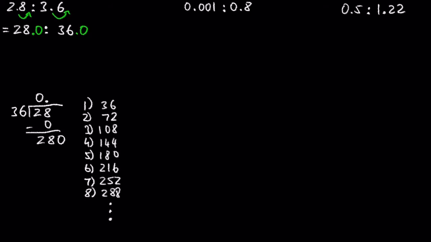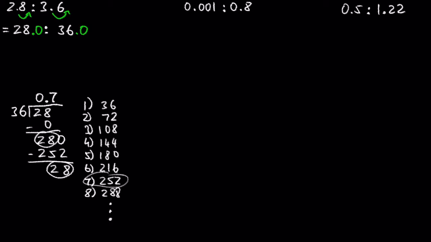So 36 goes into 280 7 times. 7 times 36 is 252. Subtract 252 from 280 and we get 28 again.